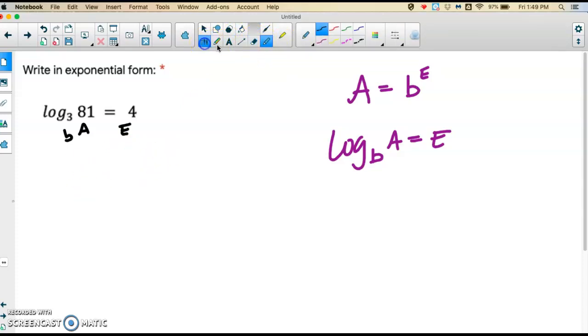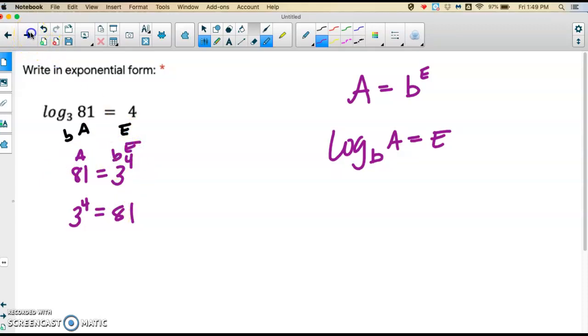So then we have to write it as 81 equals 3 to the 4th power. Okay, so that would be exponential form. And I think on your formative, the answers look like this too. So you can flip those around too. Okay, so we have Bay and you're changing it to Abe because Abe is your Bay.